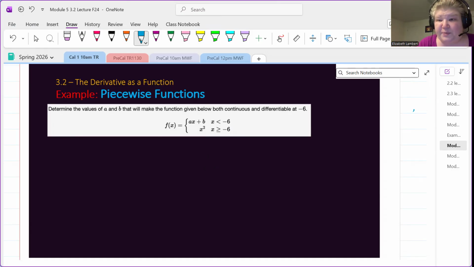So we're going to have two pieces that we're going to play around with here. We need to determine the a and b values that make it continuous and make it differentiable. Continuity means the limit on the left and the right side are coming together.